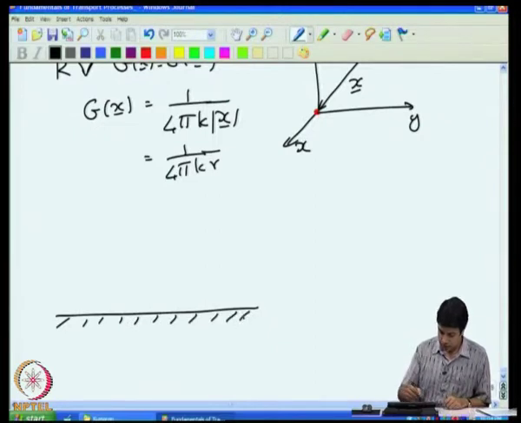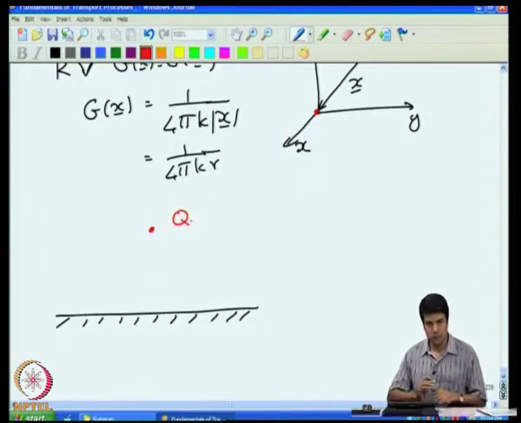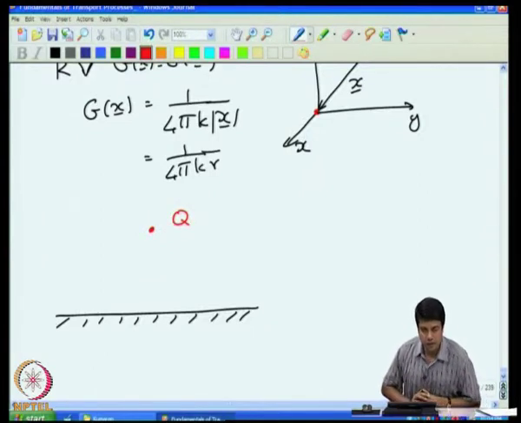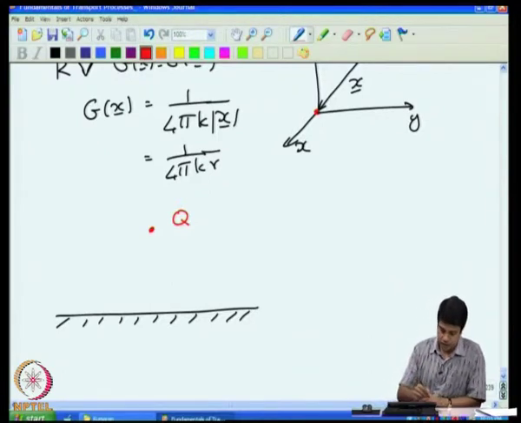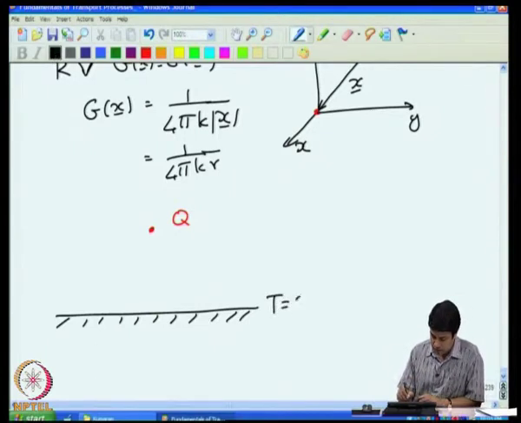And I have a point source with source strength q, q per unit time. This point source is not located in an infinite domain, it is located near a wall. And on this wall I am setting the temperature T is equal to 0.